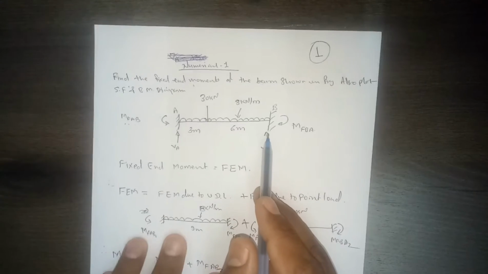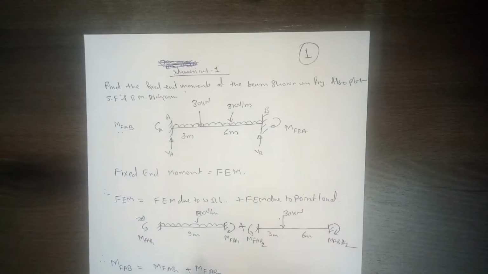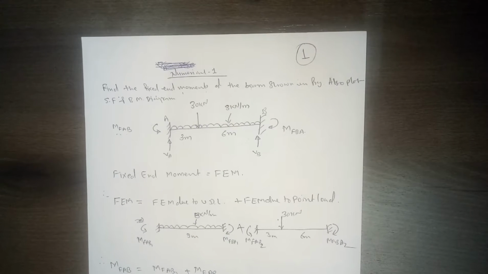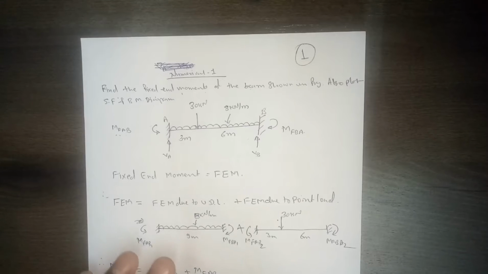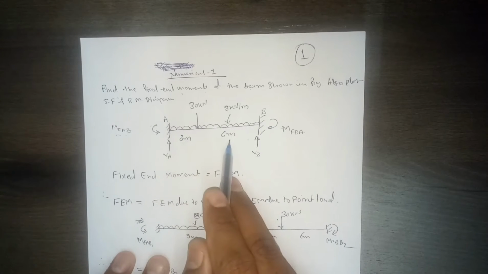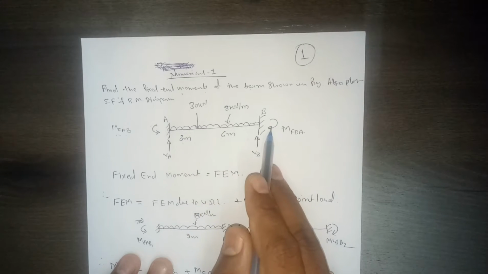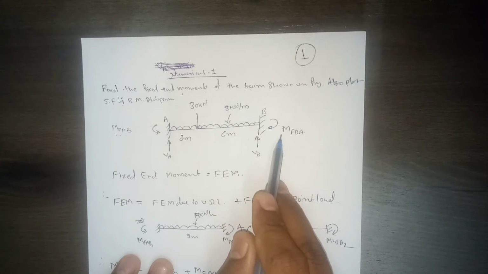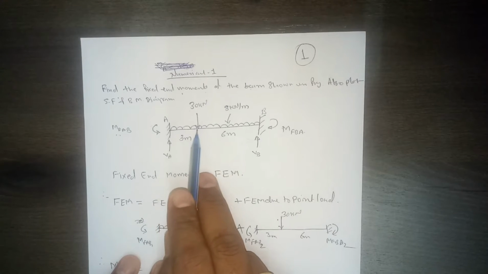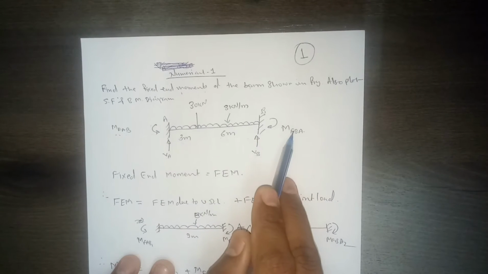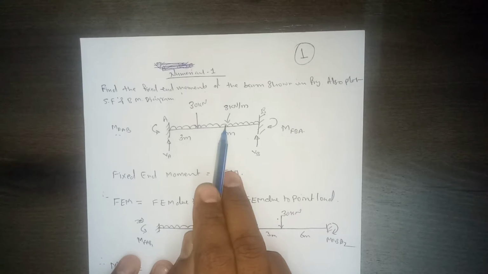Now these problems are very simple if you know what the standard formulas are and what their sign convention is. For this problem, we will first calculate the fixed end moment. We already know what the fixed end moment is if a concentrated load is acting, and we also know how to calculate it for a UDL.